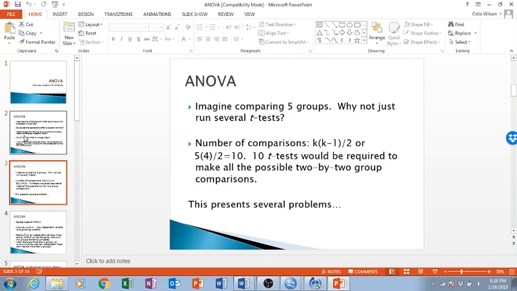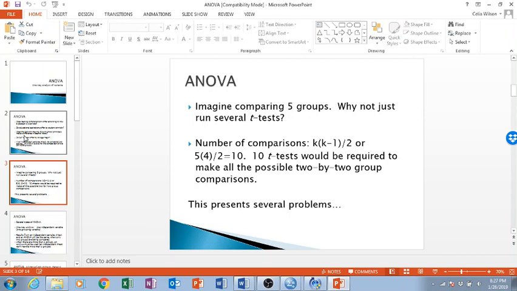When we run a test and evaluate significance at the 0.05 level, we're saying, I'm willing to be wrong 5% of the time. My probability doesn't have to be 0.000. It can be a little bigger than that, and I'm willing to take that risk.